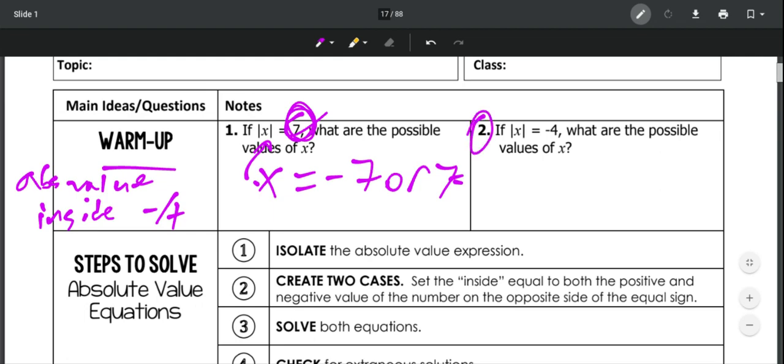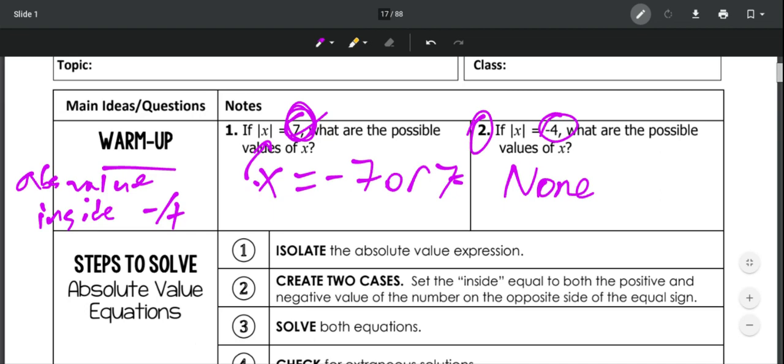It says, if the absolute value of x equals -4, what are the possible values for x? And that would be none, because this number can never come out as a negative. An absolute value always ends up being a positive number as its outcome.